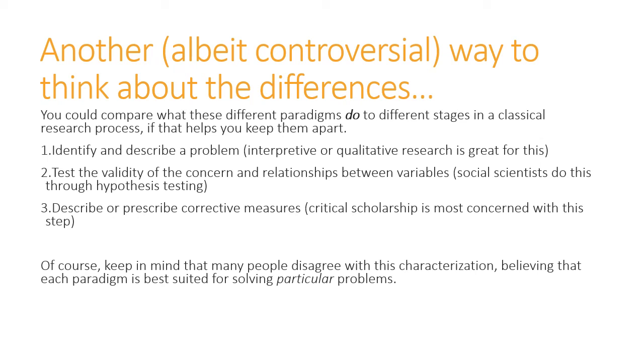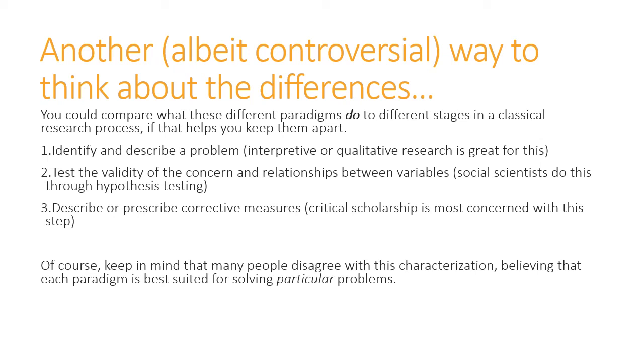But step one, you want to identify and describe a problem, for instance. Interpretive or qualitative research is great for this, and this is where mixed methods comes from, right? You use a focus group to describe a problem that group is experiencing. Then you move on to test the validity of that concern and the relationships between the desired variables. This is what social scientists do with hypothesis testing, right?